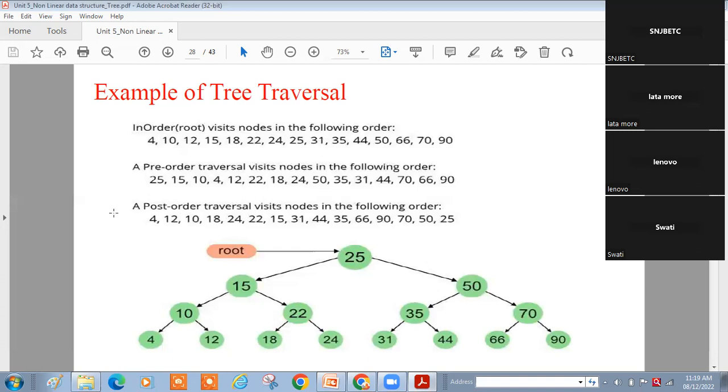Here is your root, so move to left. Left is 4. Again move to root, that is 10.